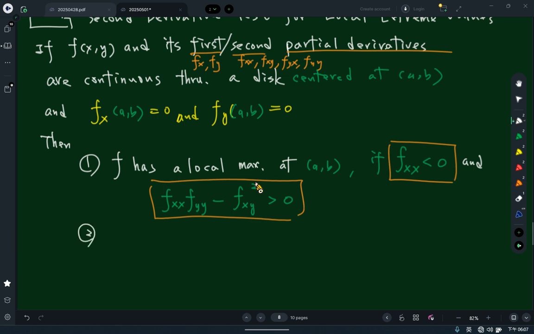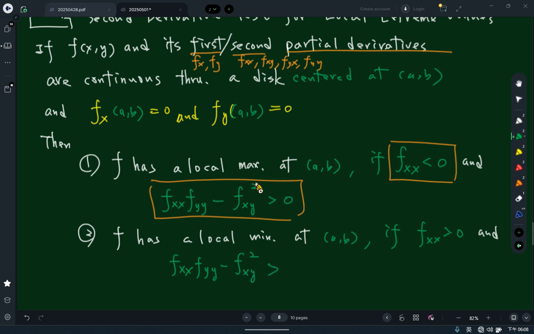The second condition is f has a local minima at AB, if partial squared f, partial x squared is larger than 0 and partial squared f, partial x squared times partial squared f, partial y squared minus partial squared f, partial x partial y, squared is larger than 0.